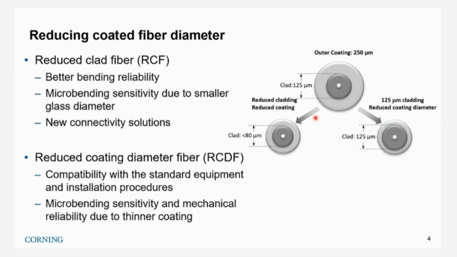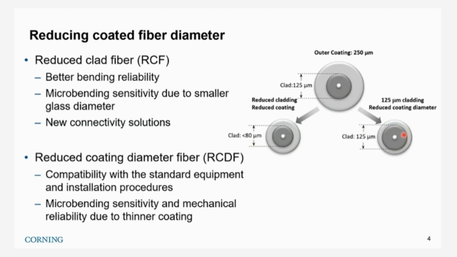So basically, there are two approaches for reducing fiber diameter. One is you reduce both the cladding diameter and the coating diameter. For example, reduce the cladding diameter to 80 micron.